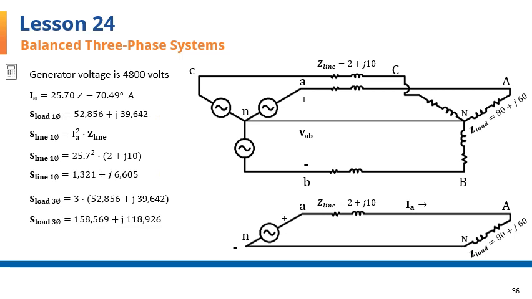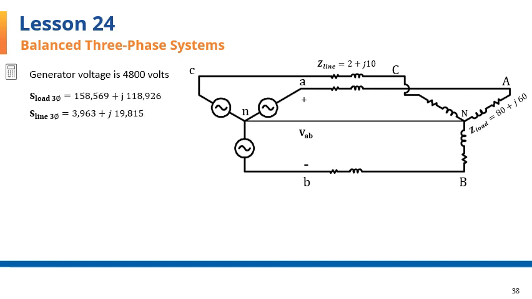And here I have it for the load, shown as a complex number. And again, multiplying the value for single phase complex power for the line loss by 3 gives us this value here, and they're summarized up here.